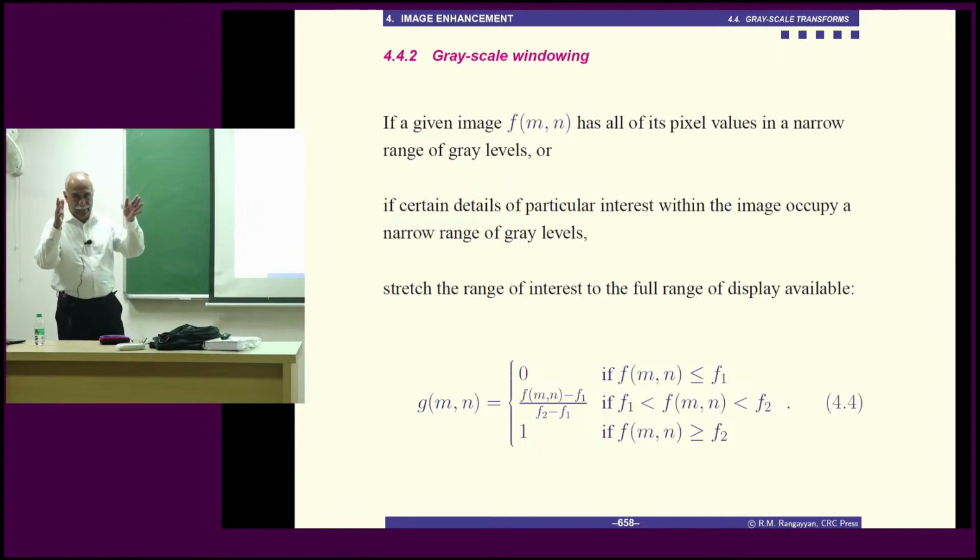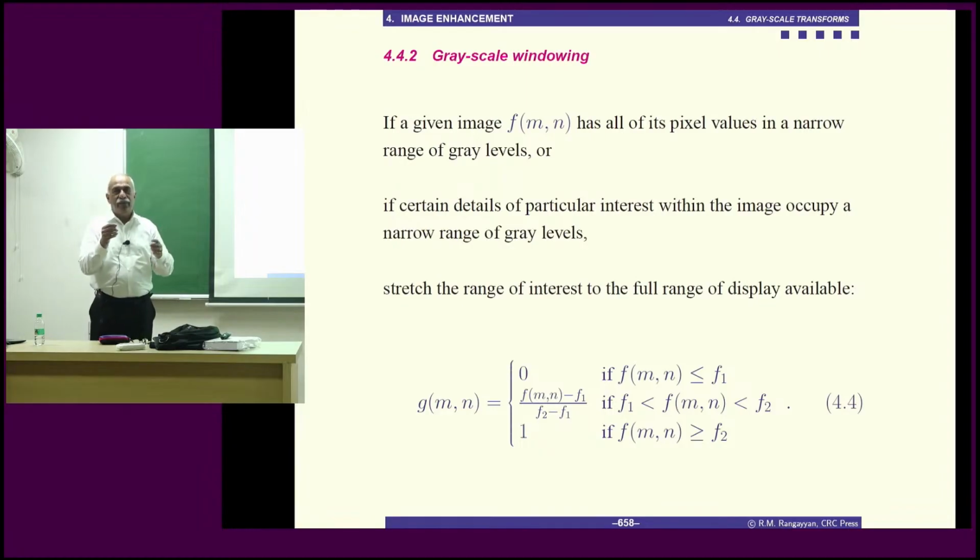In an image that has a range of 2000, would you be able to separate two things that are differing by 1 or 2 Hounsfield units? Quite likely no. If there is a difference of 10 Hounsfield units, maybe you will see. But if you take a small window of the grayscale and expand it, then you can see the difference.